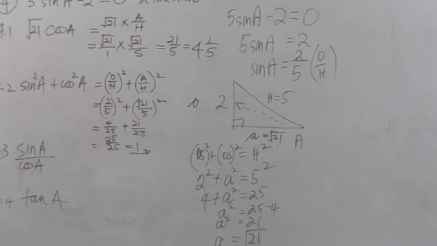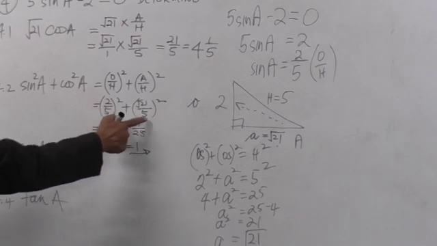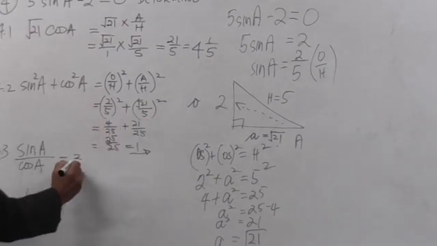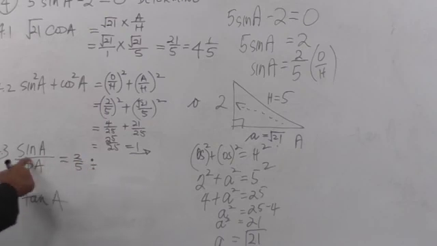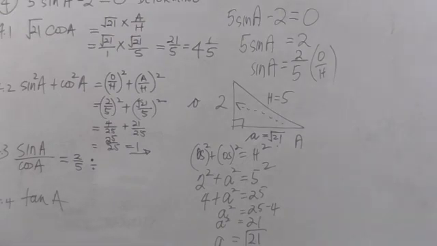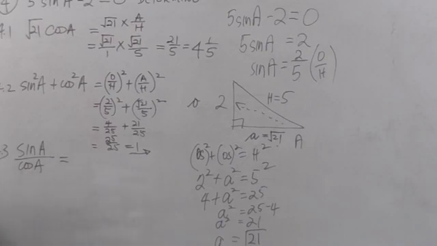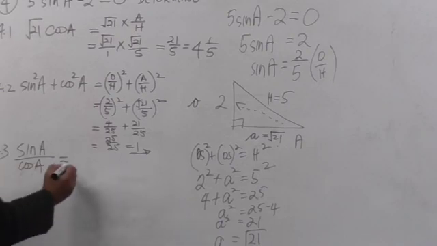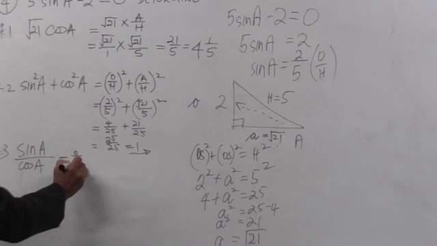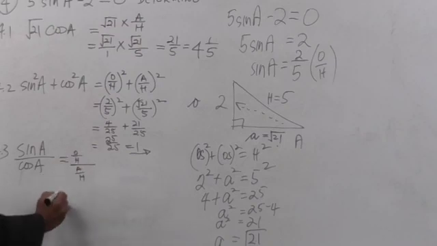4.3. Sine A over cos A. Well, we already found sine A here. And we already found cos A here. So sine A is 2 over 5. Let's do it step by step. If you don't do it step by step, you can get confused. So 4.3. Sine of A over cos of A is equal to O over H all over A over H. That is sine, that is cos.